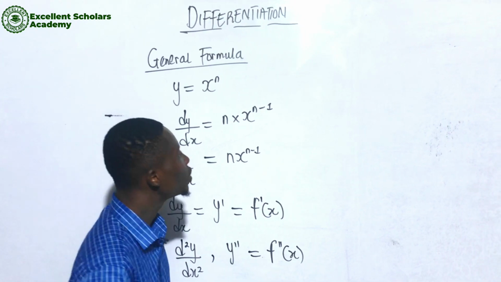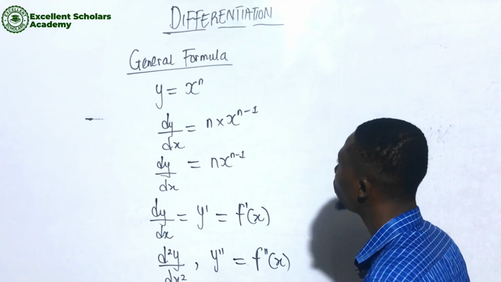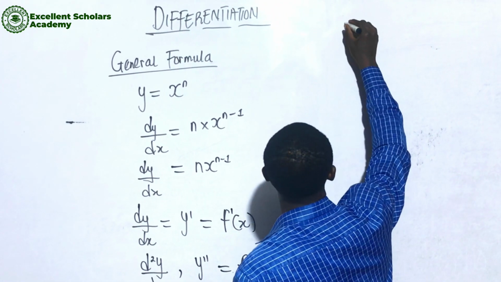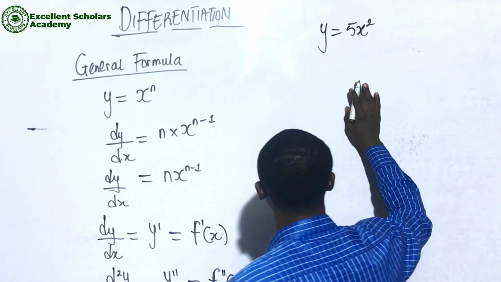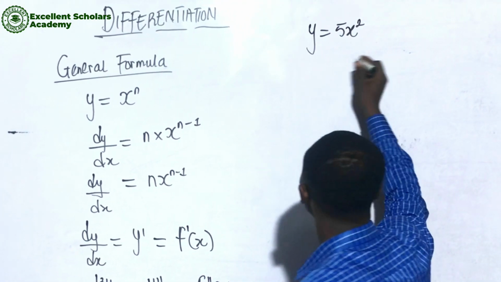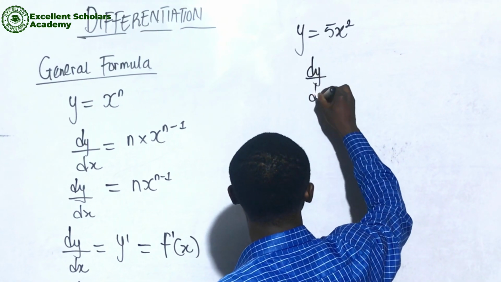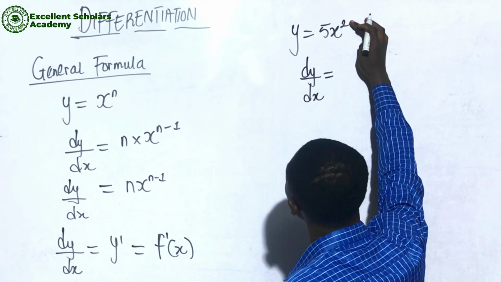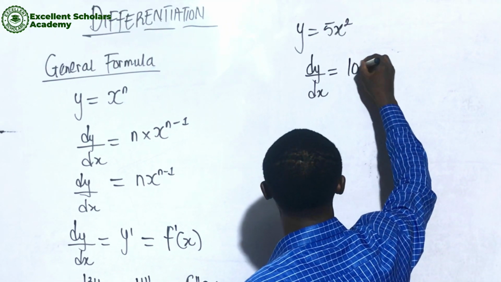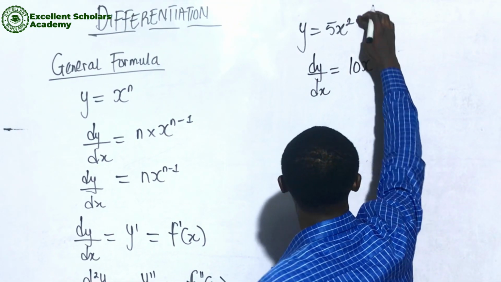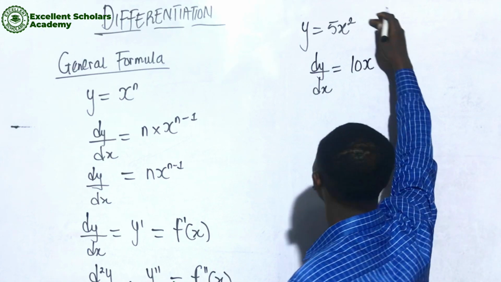Okay? So let's look at an example. For instance, I'm given y is equal to 5x squared, and I want to differentiate this. Now, my dy/dx is going to be, the power of x here is 2. So I'm going to use the 2 to multiply 5, which gives me 10. Then x. Then I subtract the power by 1 here.